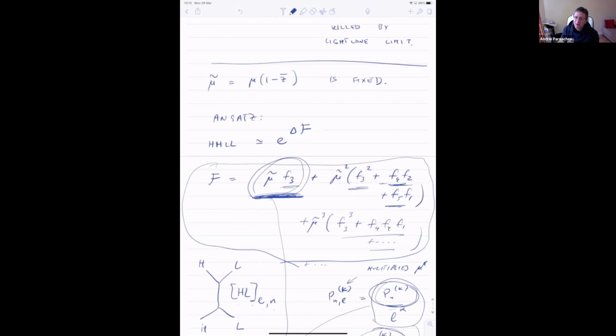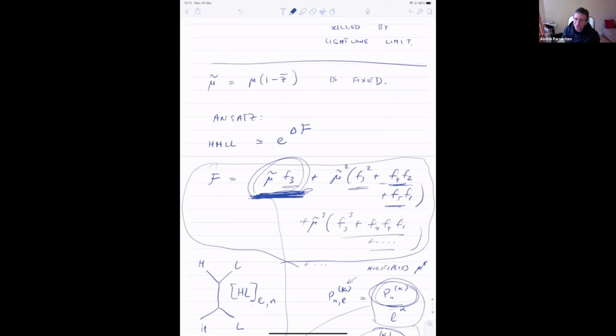The algebra here, if it's anything, is very close to W3. You can compute the character of the W3 algebra, and what you observe is that the leading term is going to be exactly like this, exactly mu tilde times f3. And the subleading term is going to have exactly the same form.